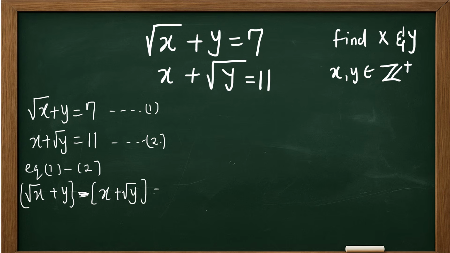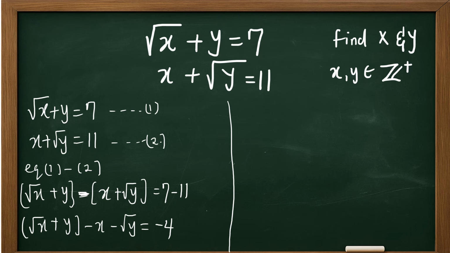And this is going to be 7 minus 11. So writing this given equation here, we can have the square root of x plus the square root of y minus x minus the square root of y equals negative 4.